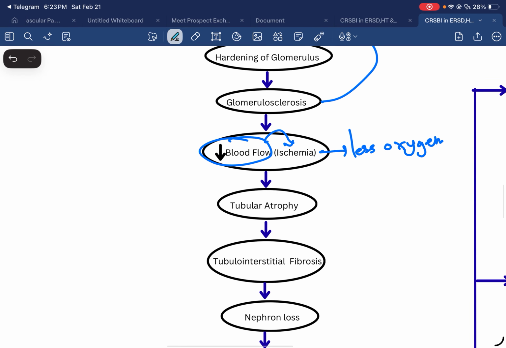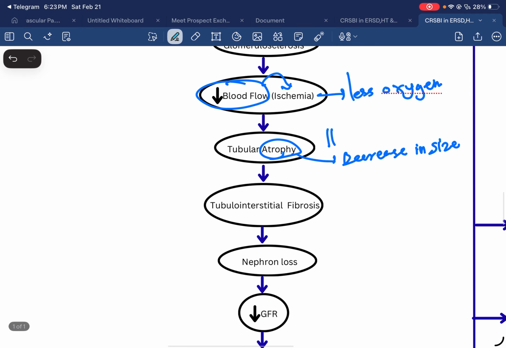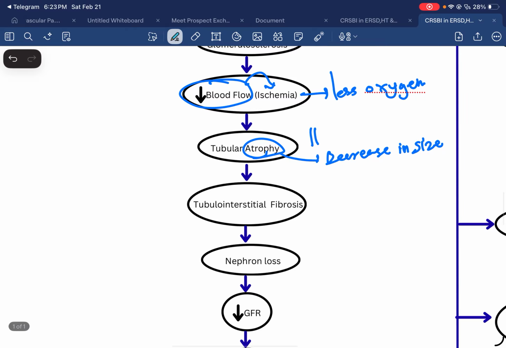This leads to tubular atrophy of the tubules of the kidney. Atrophy means decrease in size. So in decrease in size, in compensation for that, the kidney forms fibrosis.